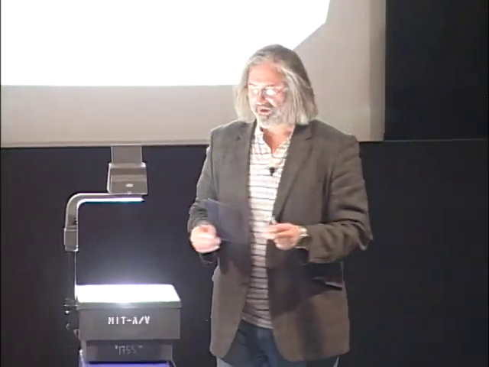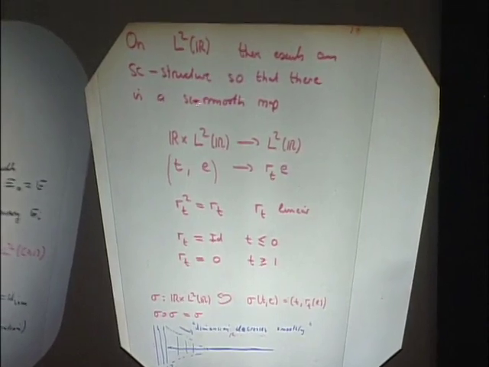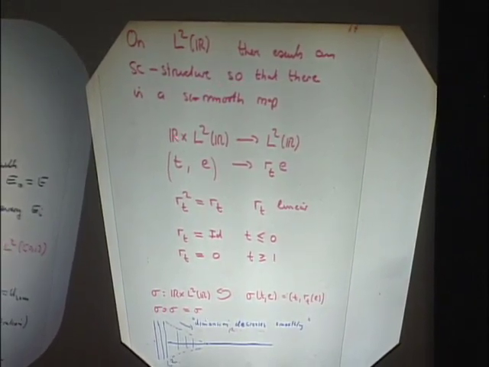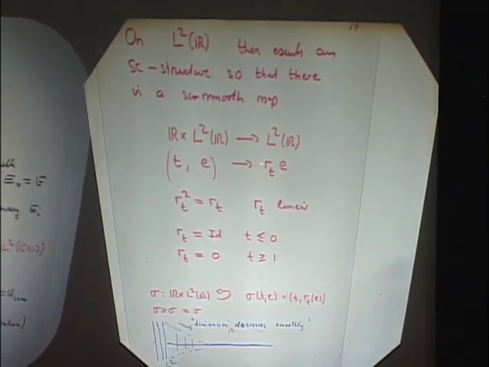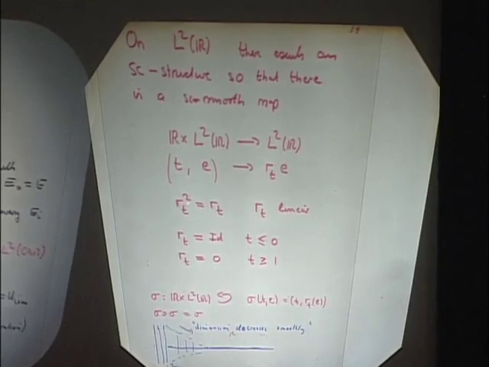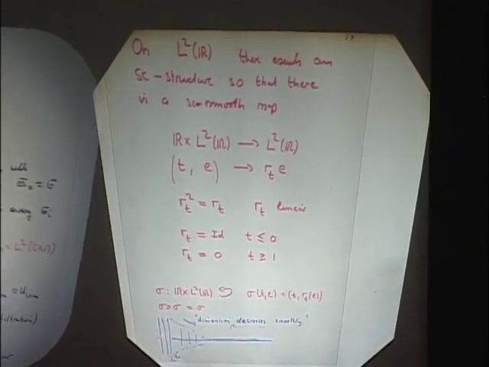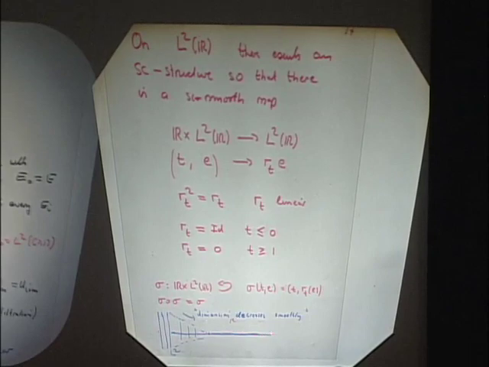So in this theory, you have a lot of flexibility. For example, you can go smoothly from infinite dimensions to dimension 1 or 0. So for example, on L2 of R, there is such a structure, so that there is an SC smooth map from here, where every RT is in fact a linear projection. You start with the identity here, and you go to 0.